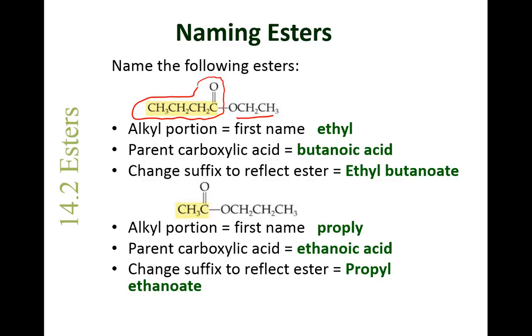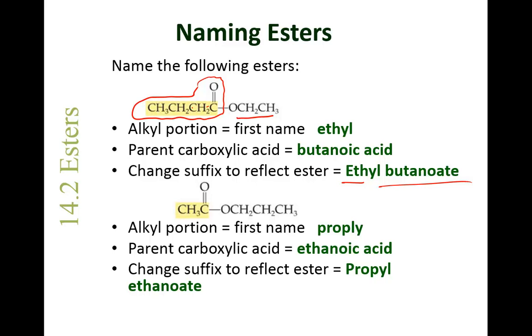And so this attaches to this 1, 2, 3, 4 carbon chain. So that's 4 carbons of butane. Carboxylic acid would be butanoic acid. And so we would call this ethyl butanoate. That would be the IUPAC name, ethyl butanoate.